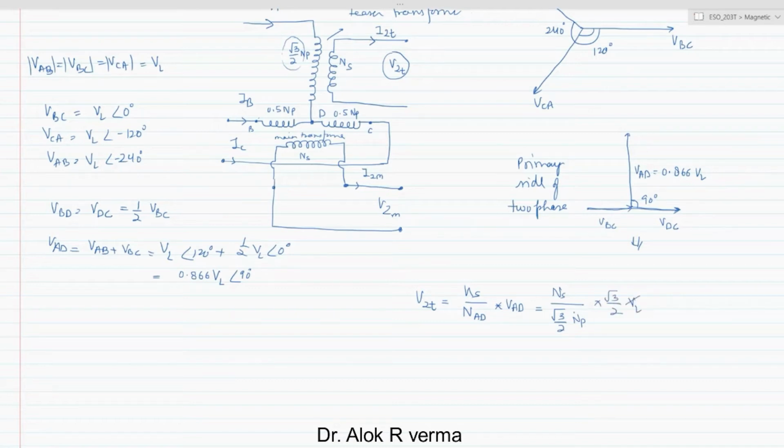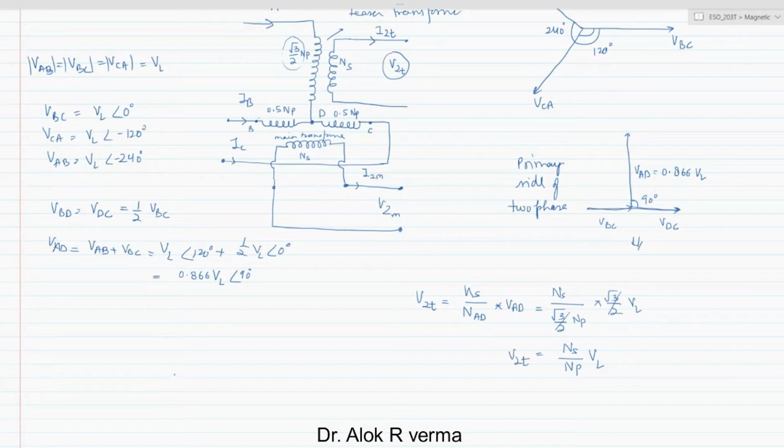This will get cancelled, so it will be around NS by NP times VL. This is V2T.